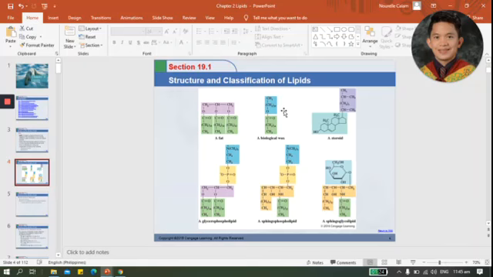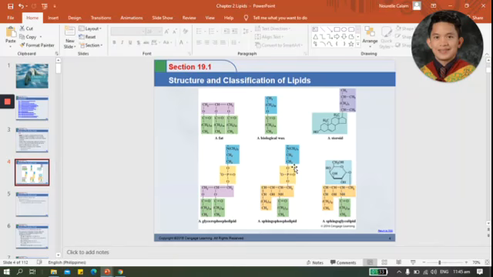Moving on, we have here an illustration of the diversity among the different types of lipids. We can see in the figure the structural diversity that is associated with lipid molecules. Some of these lipids are esters, some are amides, and some are alcohols.